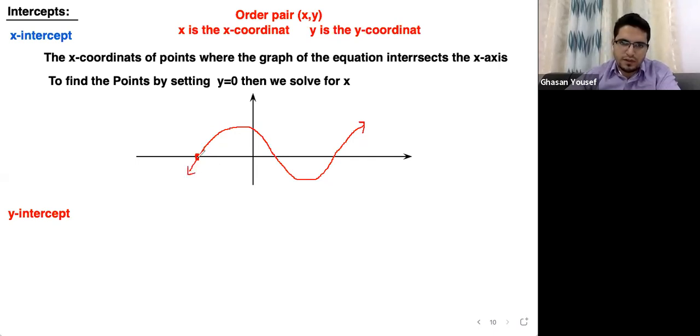So this point here, and this point, and this point are called the x-intercepts.